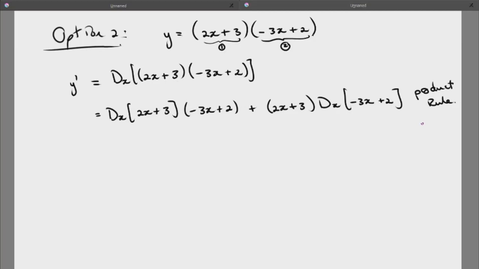Okay. Now let's do this derivative in one go and simplify it at the same time. What do I get? Two, and then the negative 3x plus 2 doesn't move. Nothing happens to it, just like this 2x plus 3, nothing happens to it.